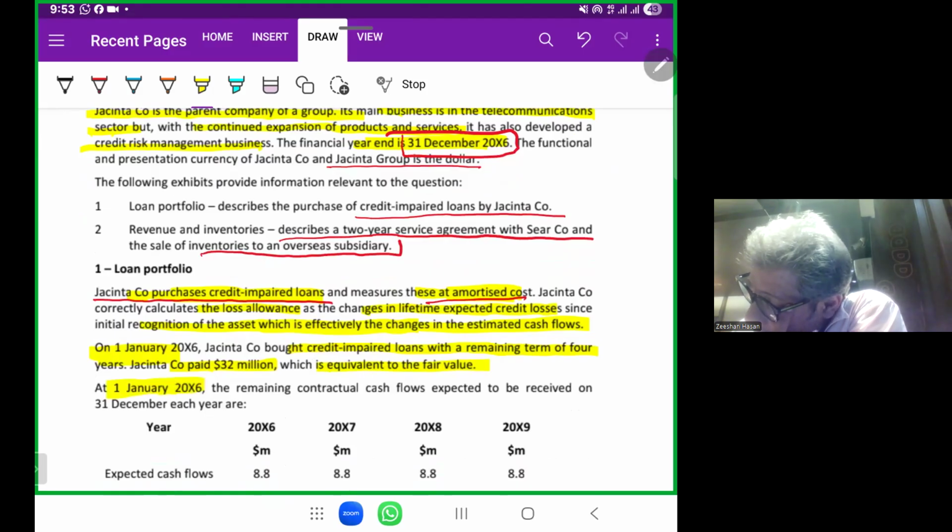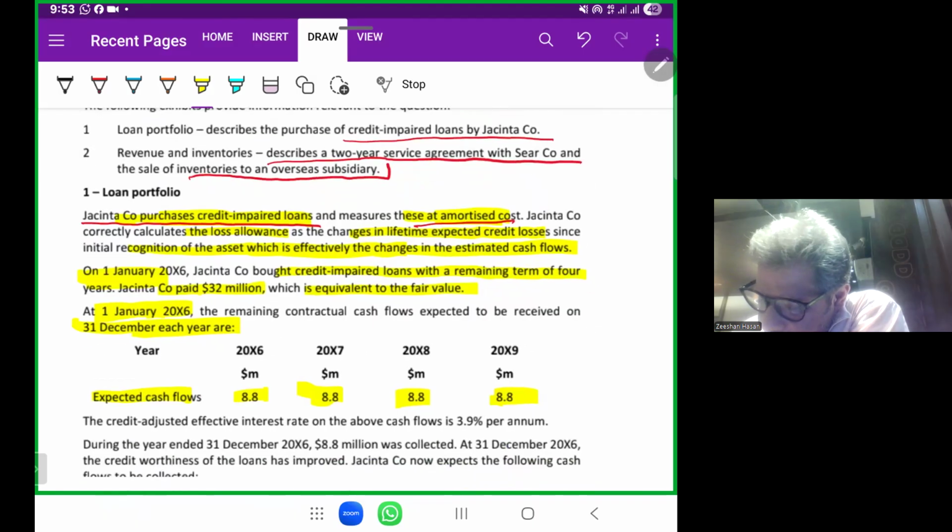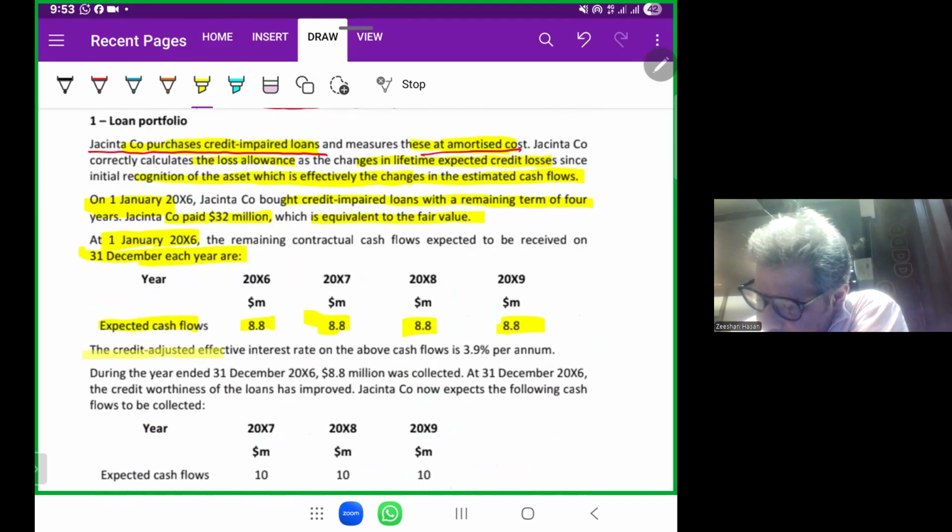The remaining contractual cash flows expected to be received on 31st December each year are: in 20X6 it is 8.8 million, in 20X7 it's 8.8 million, in 20X8 it's 8.8 million, in 20X9 it's 8.8 million. So the credit adjusted effective interest rate on the above cash flows is 3.9% per annum.